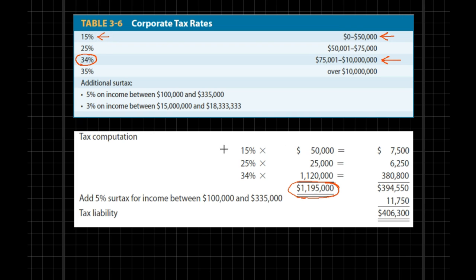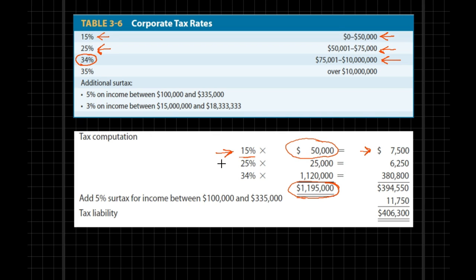And that's what I do underneath. So the first $50,000 of our income is taxed at 15%. And for that reason, I multiply these two numbers and I come to that $7,500 figure. Now the next $25,000, our income between $50,000 and $75,000, should be taxed at 25%.